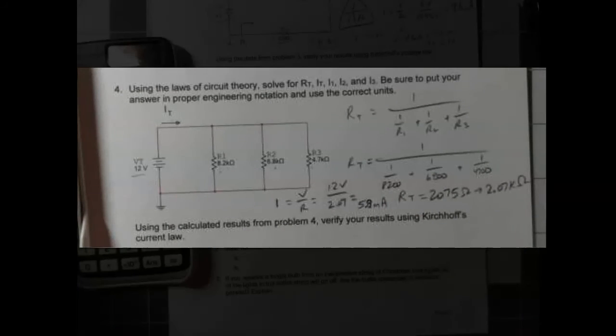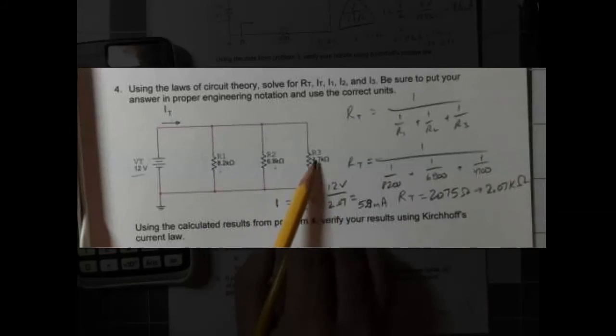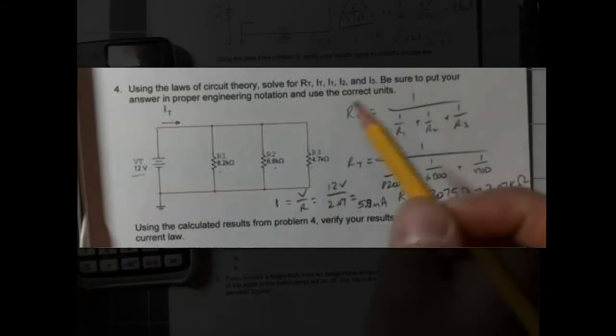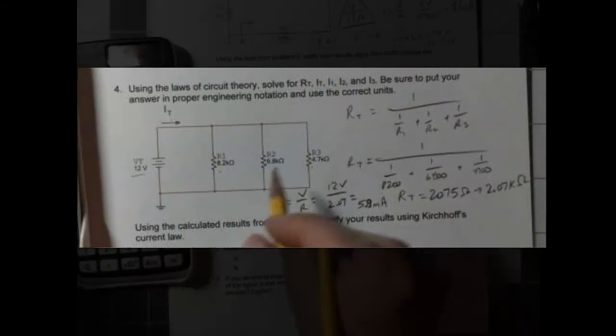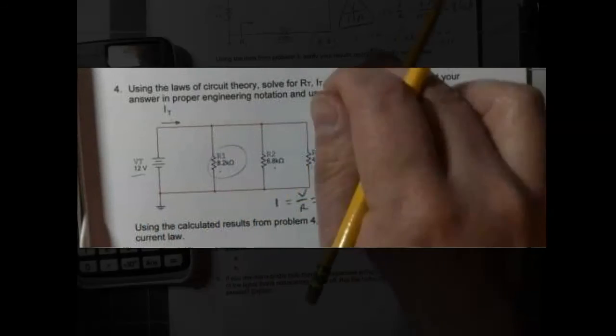Alright, if we wanted to calculate the current across each one of these components, we would do V divided by R. So let's do R1 first.